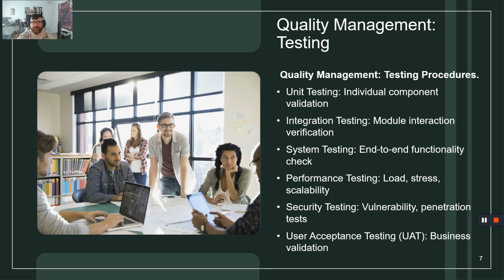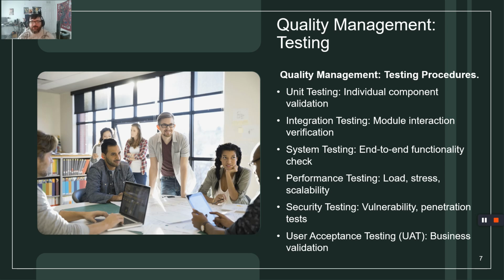Now, for quality management, I had discussed it before. I broke it up into two sections. We're going to go over the first one, which is quality management, the testing procedures themselves, and then the next slide over will be the validation and the QA of it all. So we're going to want to make sure that we're doing unit testing of each individual component.